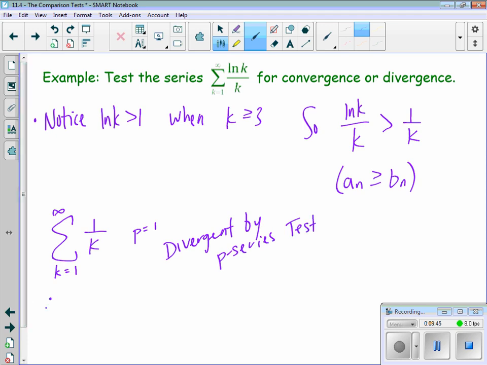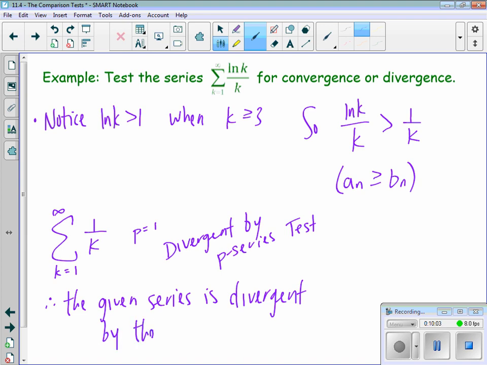Therefore, the given series is divergent by comparison test. If it didn't work, then you couldn't do this test and you'd move to a different test.